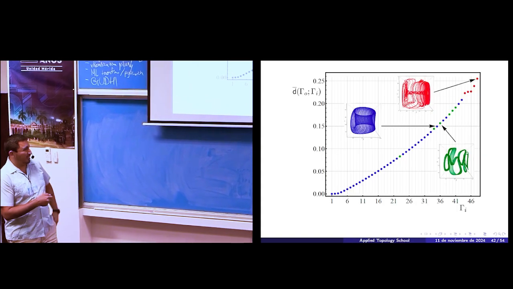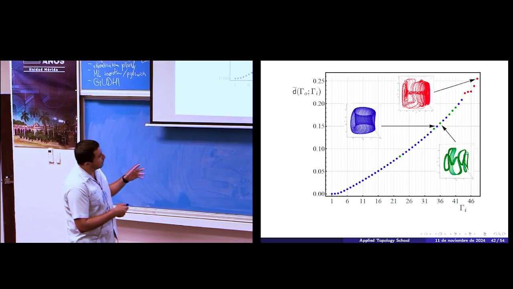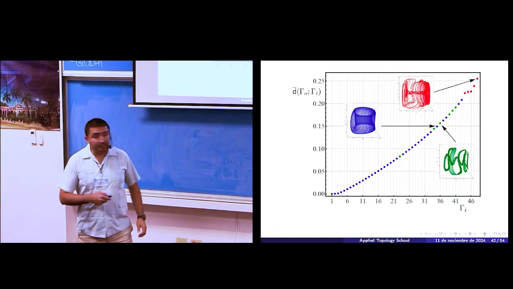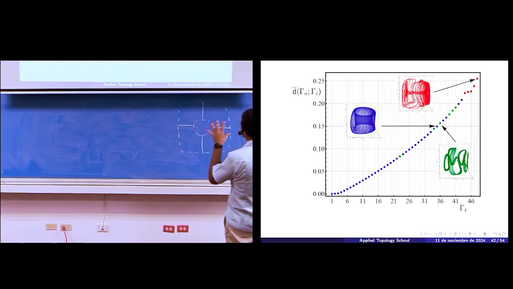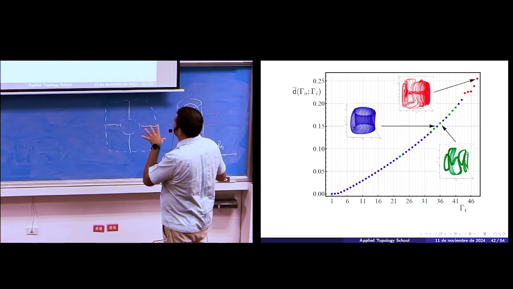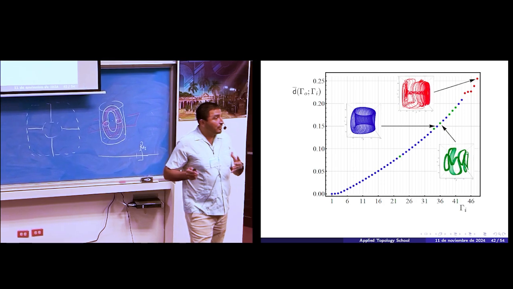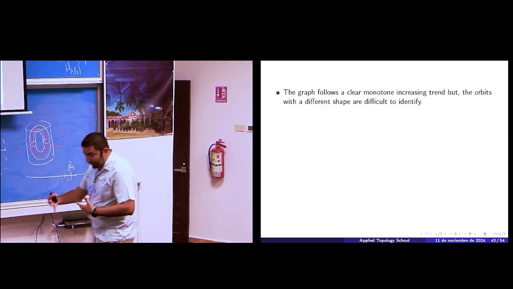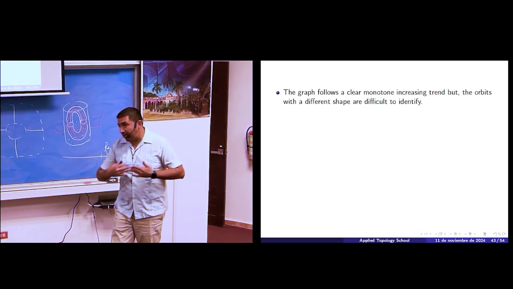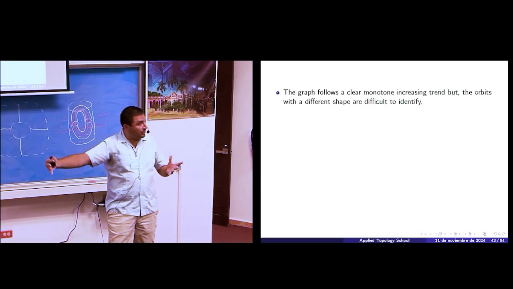The graph has a very predictable trend, but observe that the trend is the same independently of the topology of the orbit, right? But if we want to apply TDA to detect the topology of the orbit and to detect a continuous evolution of the orbits, right?